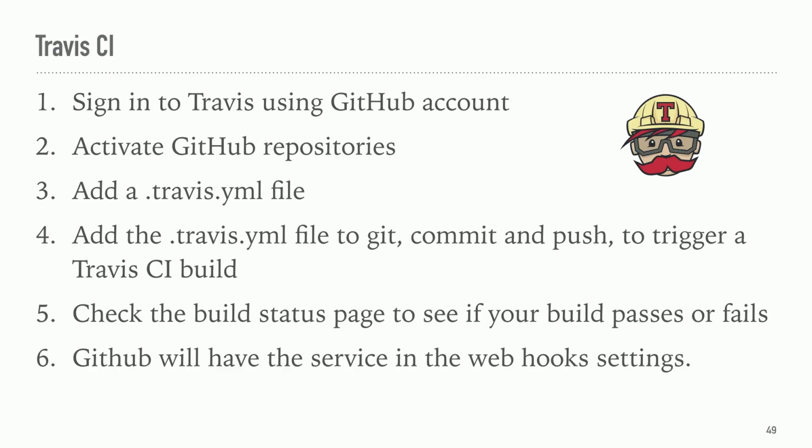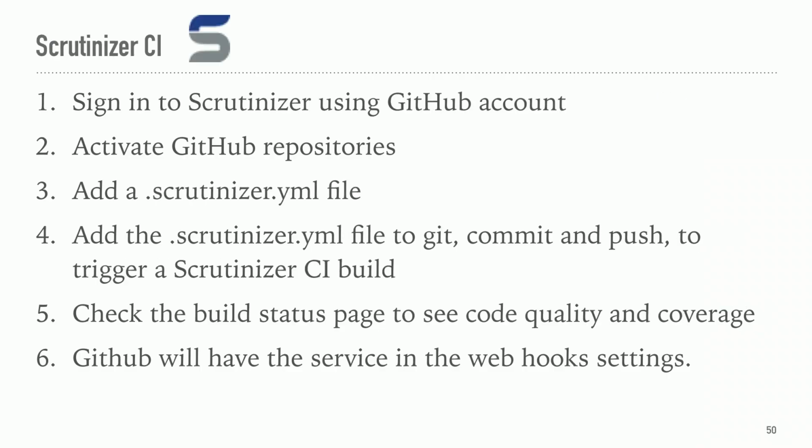And once you have that, every time that you do a push, it will trigger a build on the Travis site. You can check the build status on their platform, on the page, and you would have the GitHub account configuration with that webhook service.